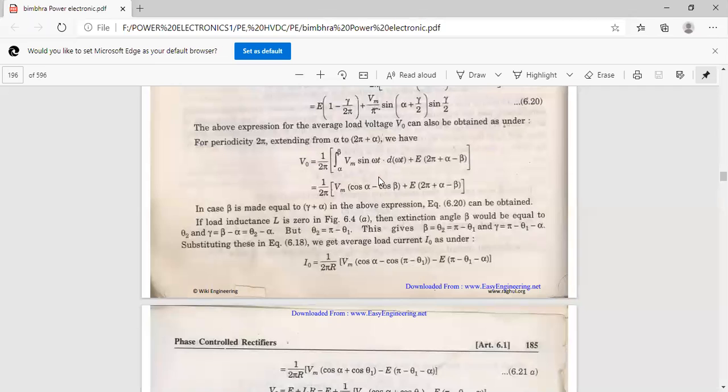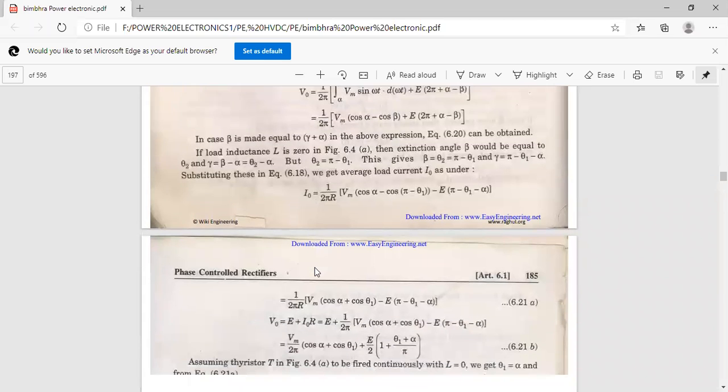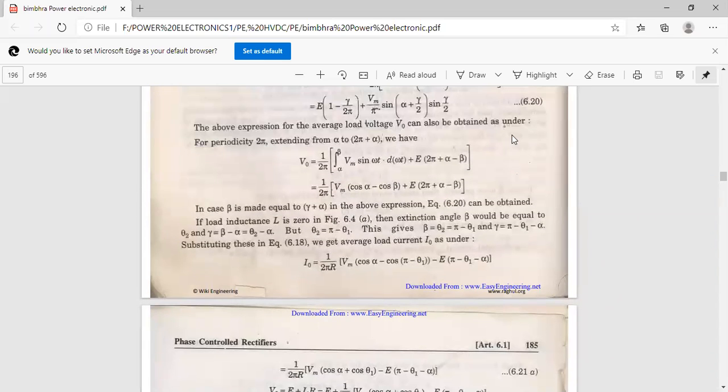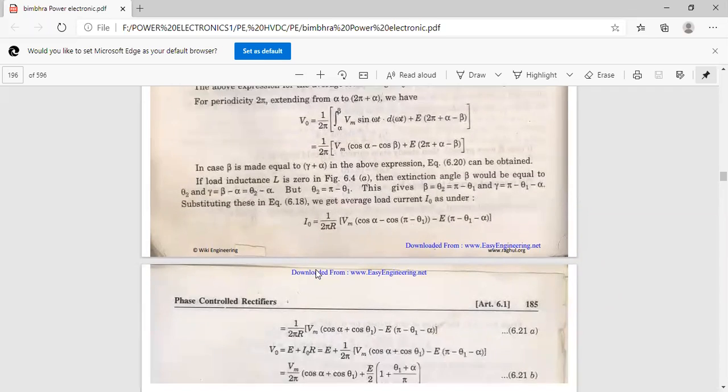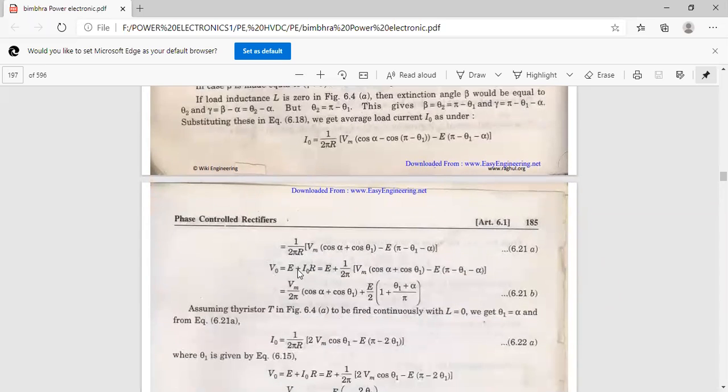Write down this equation and this equation, the V0 equation and I0 equation. So below equation 6.20, one equation is there: V naught is equal to E plus I naught into R. V naught is equal to E plus I naught into R.